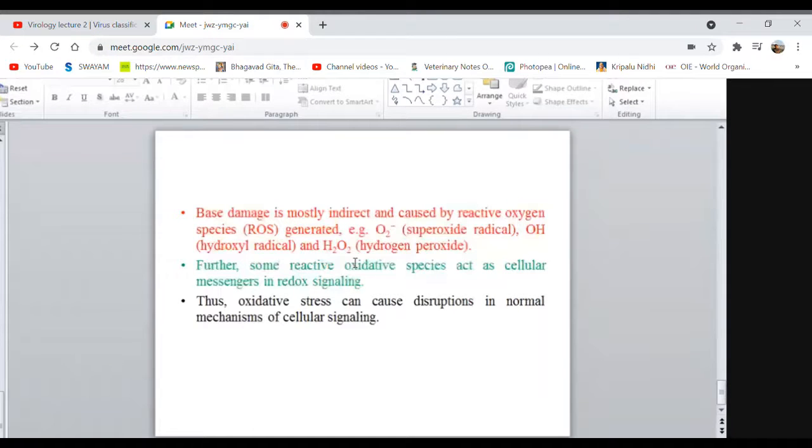That's why oxidative stress has serious consequences inside our body, because of the highly reactive nature of these reactive oxygen species, these free radicals. So this is all I wanted to discuss for today's class.